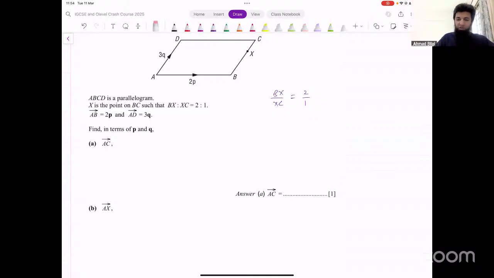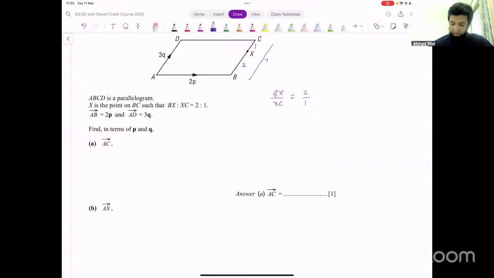Now, they've shown this point on the diagram as well. This is the point X, right? If BX part is 2, then XC part would be 1. That's the ratio that we have. And what that means is, how many parts do we have in total from B to C?